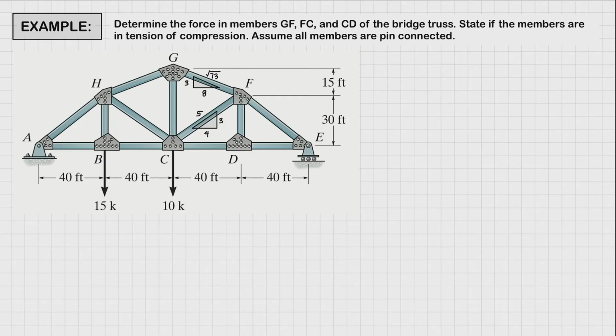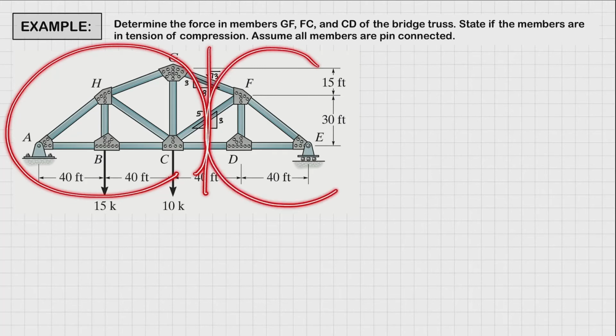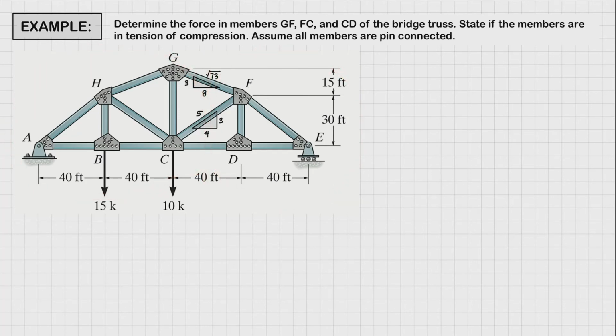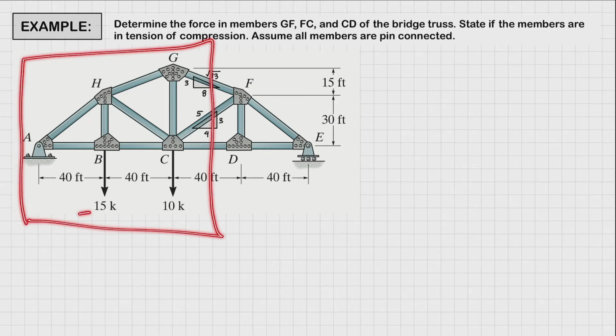It just so happens that all the members that we are required to find are already lined up. So we could just simply cut our truss right here. And we could either consider the left side or the right side. But looking at the left side, you would see that we have applied forces right here and more members to consider.